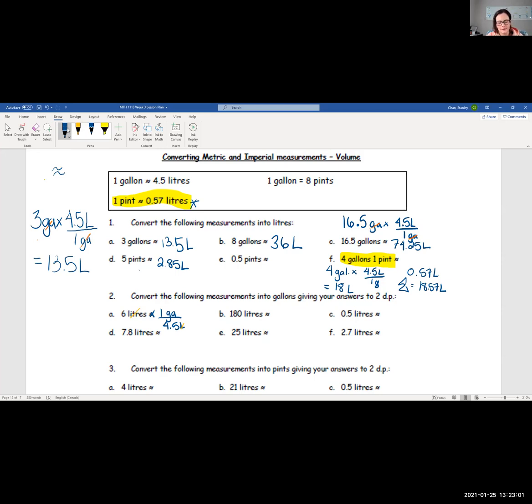So 6 divided by 4.5, out comes the calculator. 6 divided by 4.5 is 1.33. So now we have our answer for that conversion. All right. And then you do the same for the rest, and they'd like the answers to 2 decimal places. That's what that means right there.